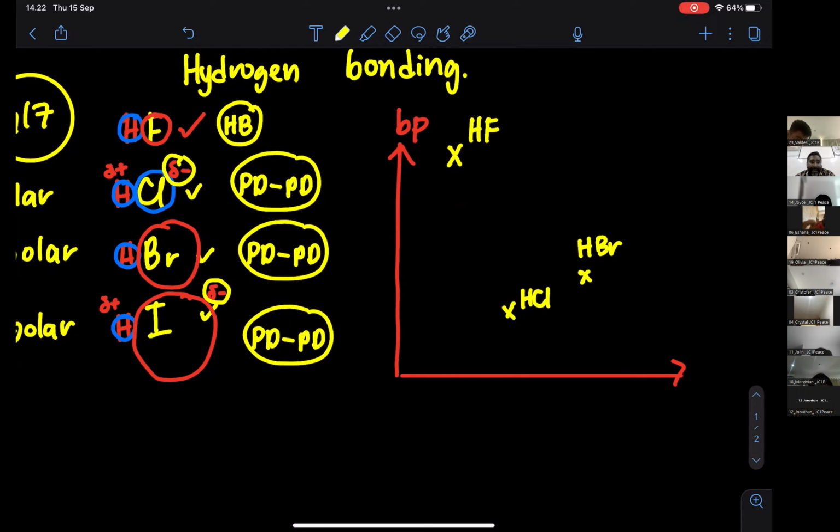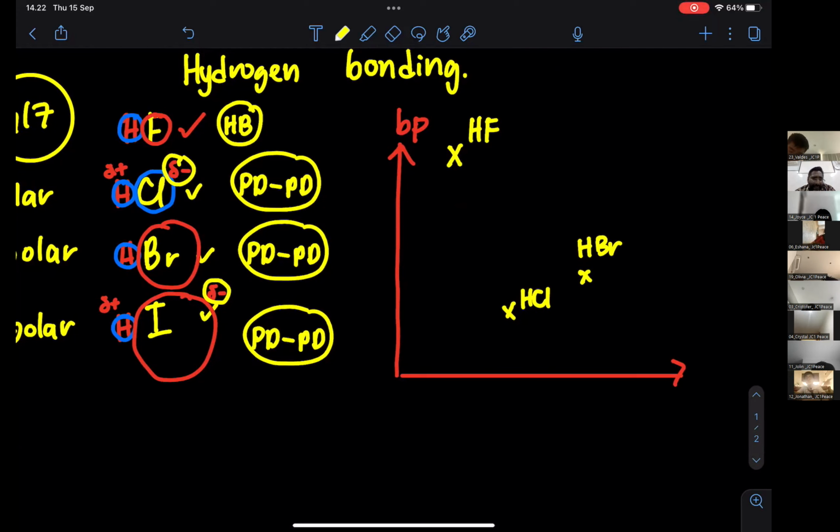Van der Waals forces include hydrogen bonding, PD-PD, and ID-ID. Now we have more electrons, therefore the boiling point will increase. So the HI will go up, but it will not go up until it overcomes HF. The boiling point of HF is still going to be high. So the graph will look like this. That is the explanation for hydrogen bonding and PD-PD.